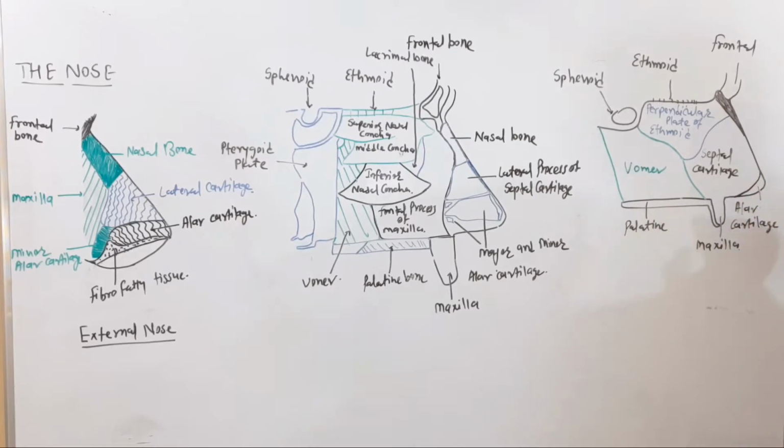The main cartilages participating are the septal cartilage and the alar cartilage. Some other bones also participate: the nasal bone, the frontal bone, the palatine bone and others. This structure is the nasal septum.